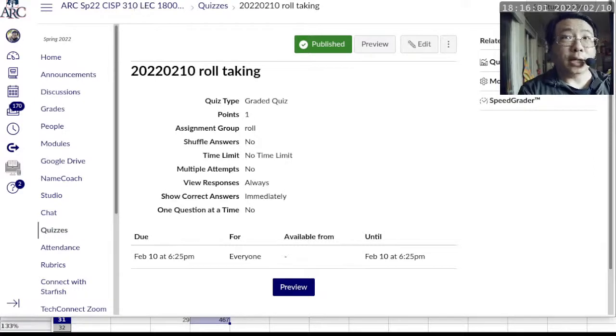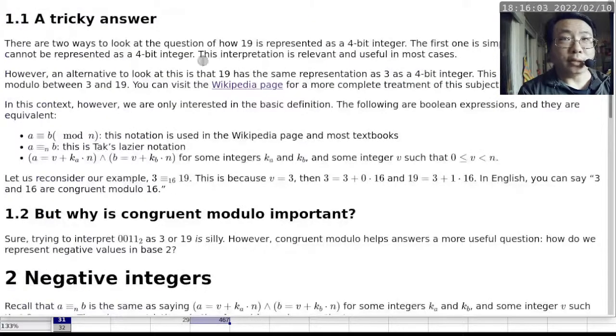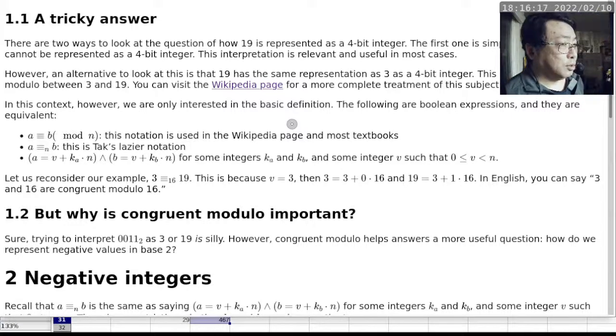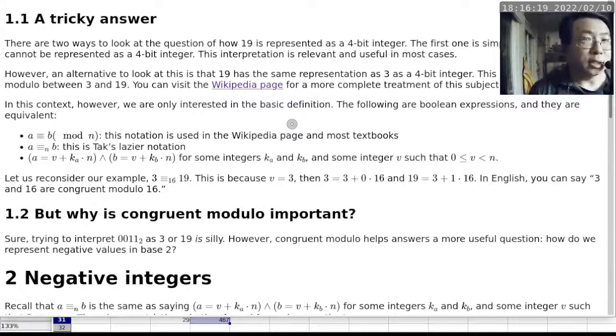All right, as you guys are doing it, I'm going to switch back to here. I will be prepared to continue the discussion, because this is how we look at negative values.